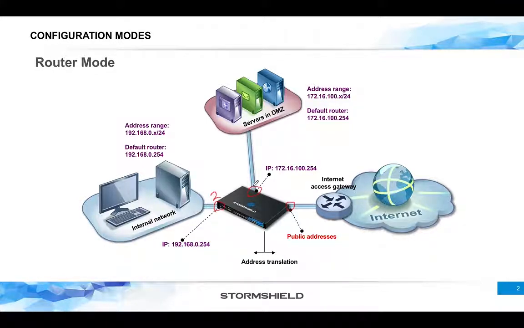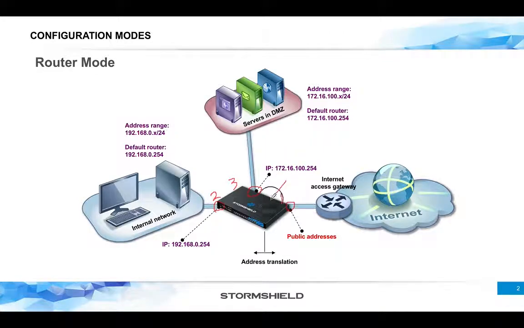I have also port number 3, which is connected to another network where I have my servers in the DMZ, and they have the subnet IP of 172.16.100 whatever, and the default gateway is 100.254, which is the IP of this interface. And I have interface number 1, which I am connecting to the public IP address, to the public network where it has access to the internet.